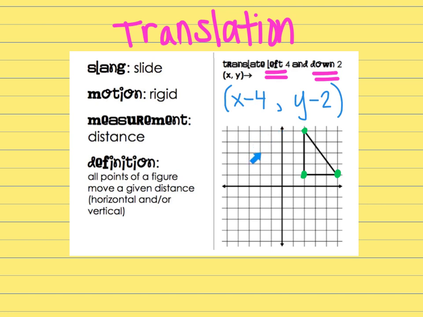So this is where my new image, my top dot, is going to be right there. And then I'm going to do the same thing with all the other ones. And then I could just connect the lines to get my new image.